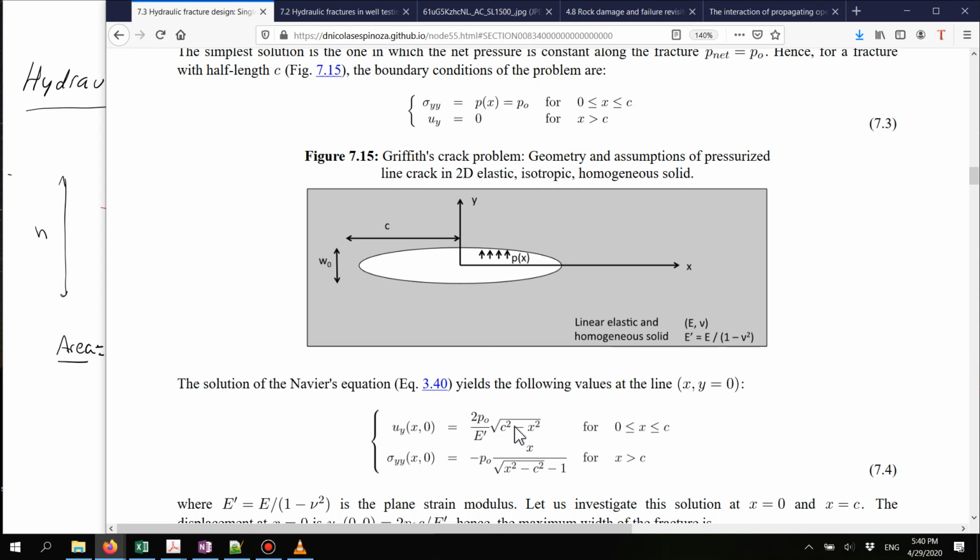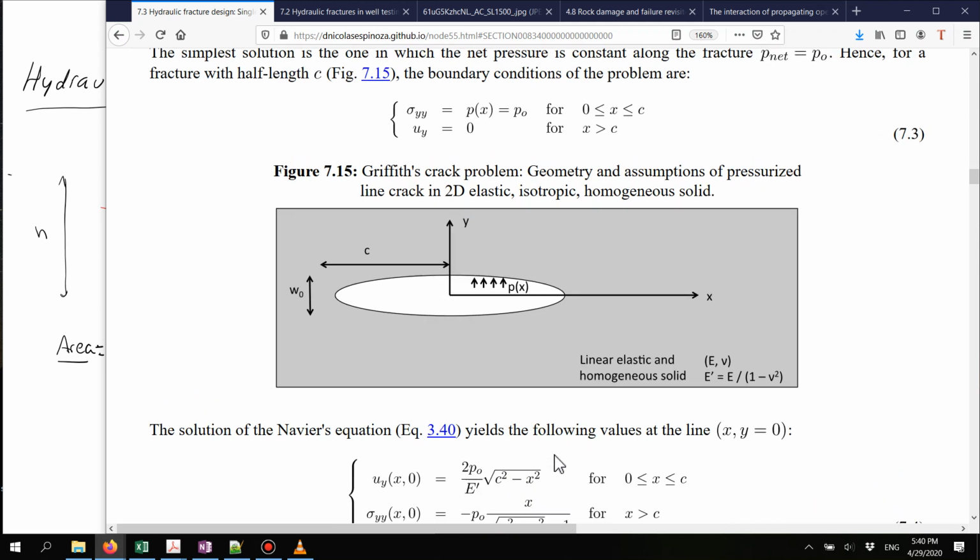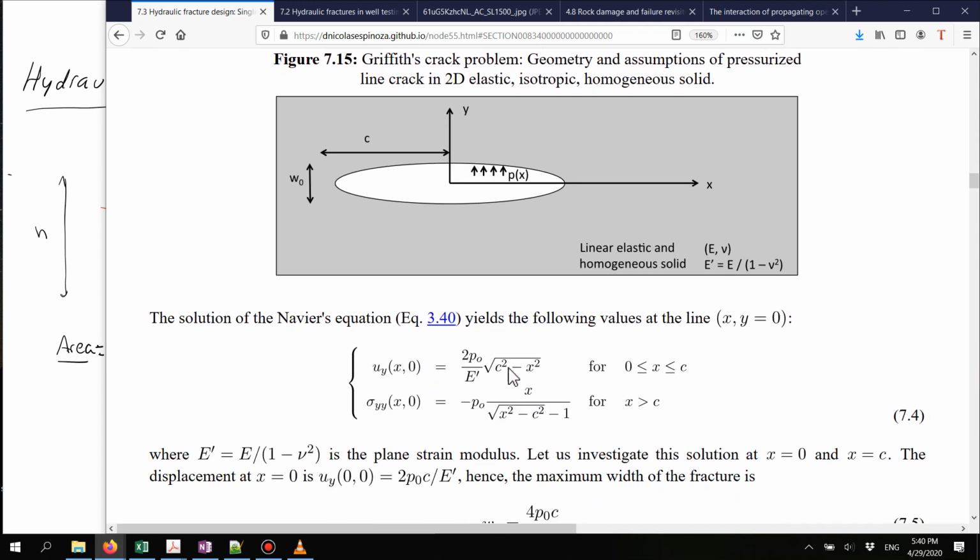So probably you could readily see that from this equation, if we replace x, which is the position from the center of the crack, if x is equal to 0, then we will recover what is the displacement at the center, which in this case will be 2 times the net constant pressure in this crack divided by what is called the constraint modulus of the medium, and which is given by this equation, times the square root of c squared, and that means c.